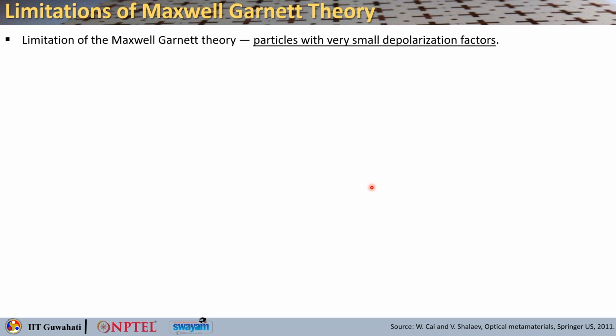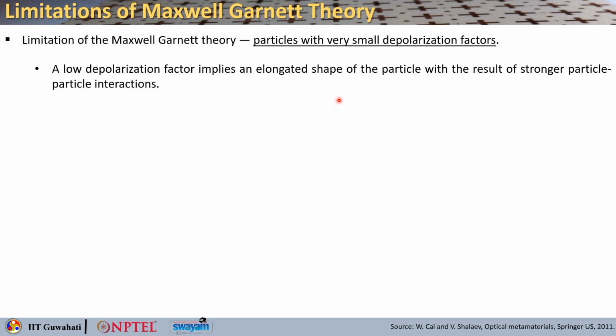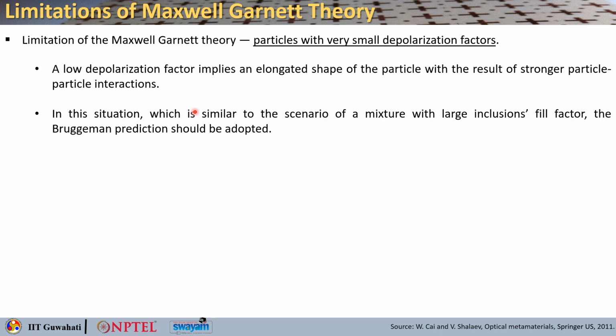Okay. So, the first thing to be mentioned here is the particles with very small depolarization factor. When you have a low depolarization factor, that basically implies an elongated shape of the particle, and that will result in a stronger particle-particle interaction.